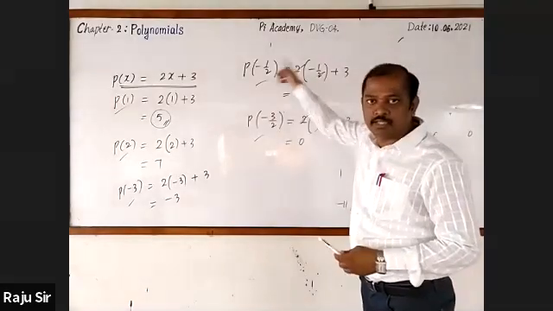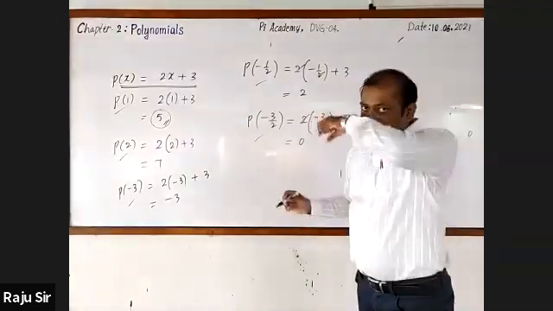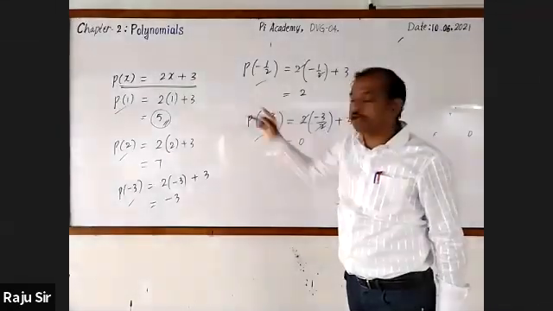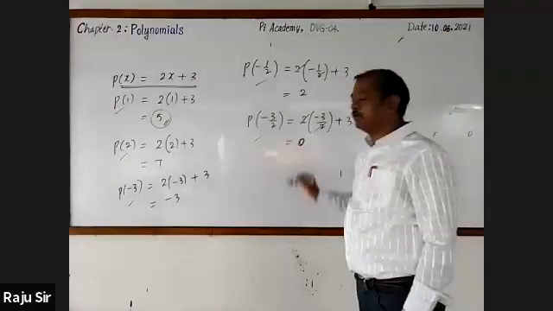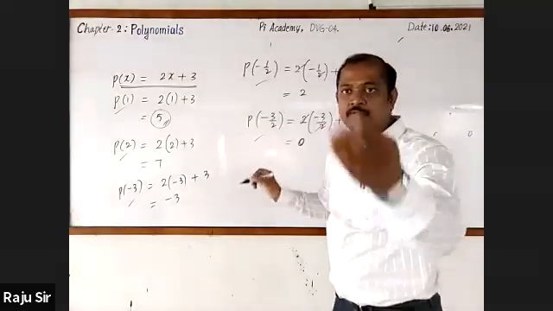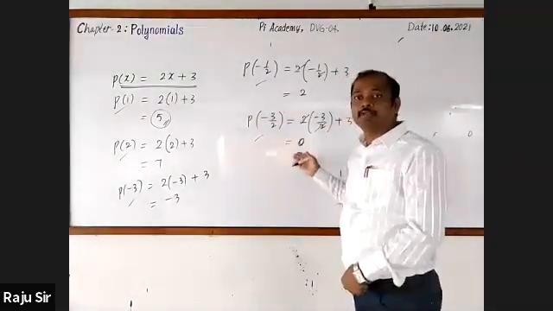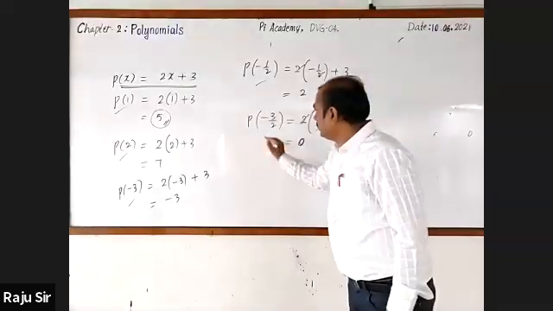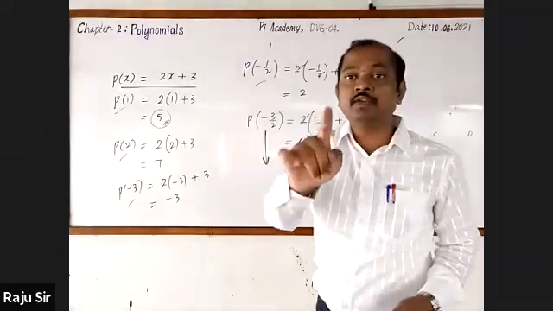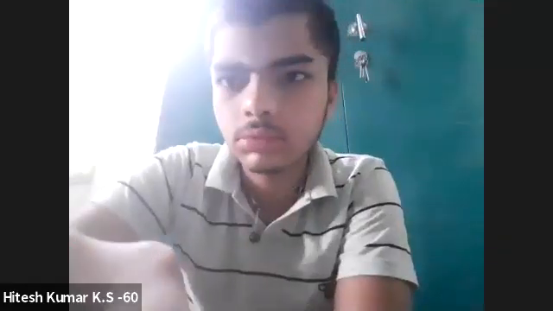But among these, only one value of the variable has made the value of the polynomial 0. That is minus 3 by 2. When we substituted minus 3 by 2, we got the value 0. The value of this variable which makes the value of the polynomial 0 is called the zero of the polynomial.